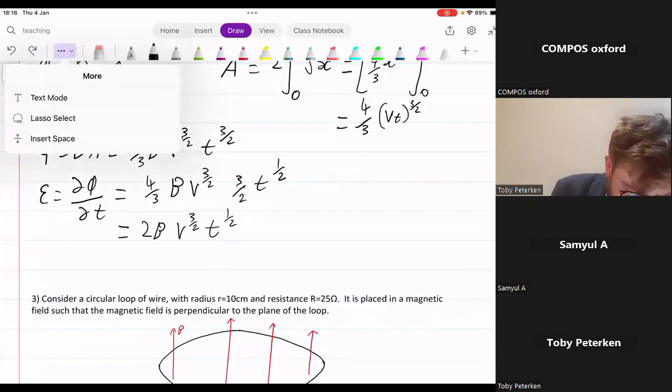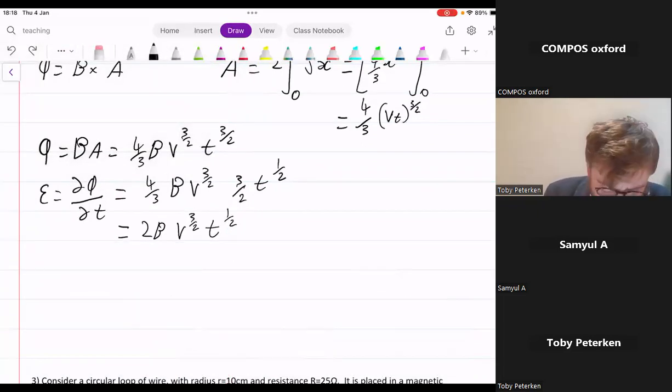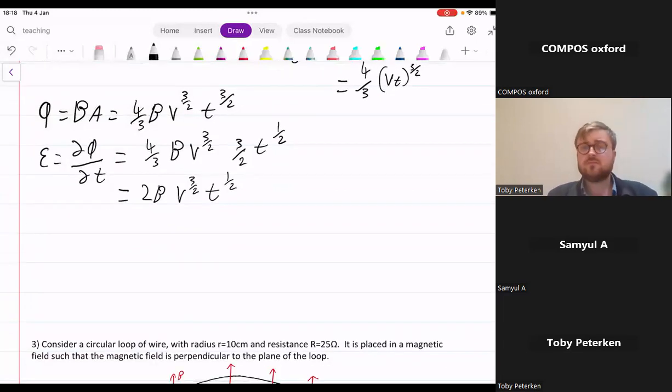What's going on? Okay, so now we've neglected the minus sign above. So now let's talk about it.